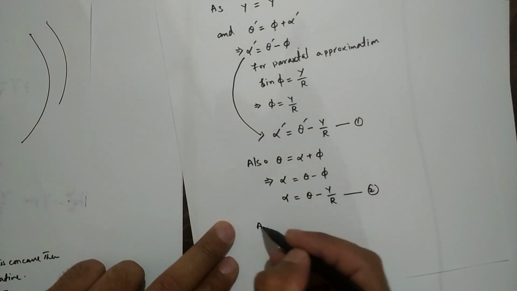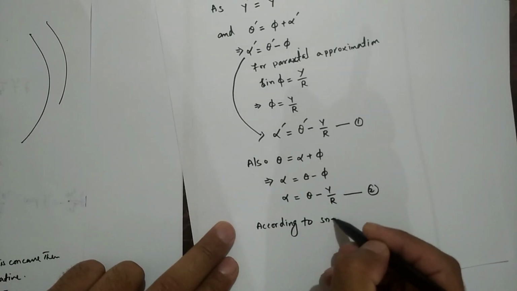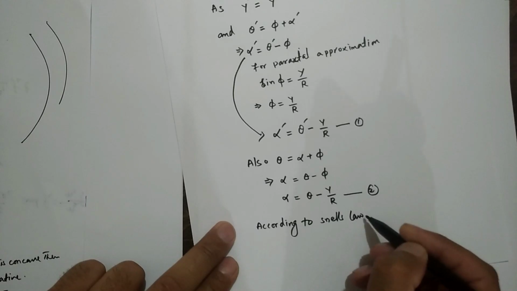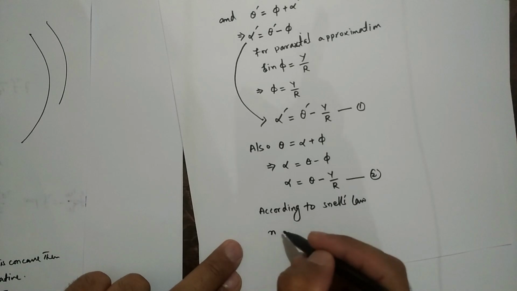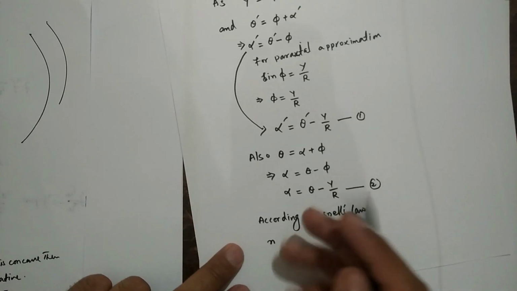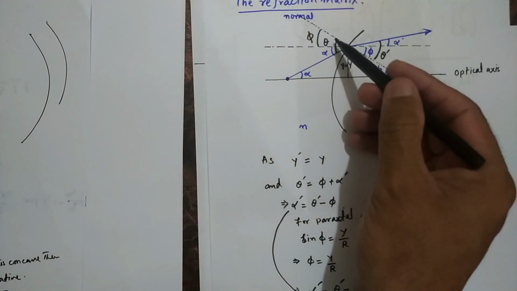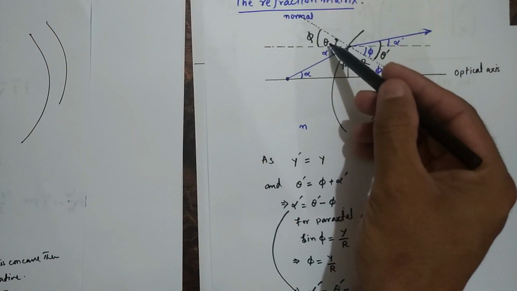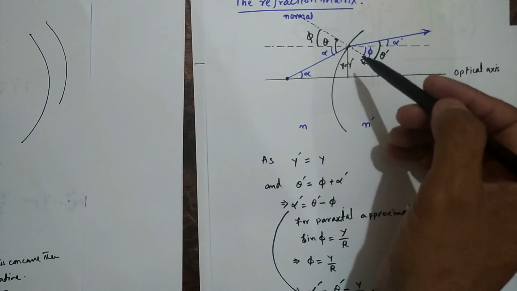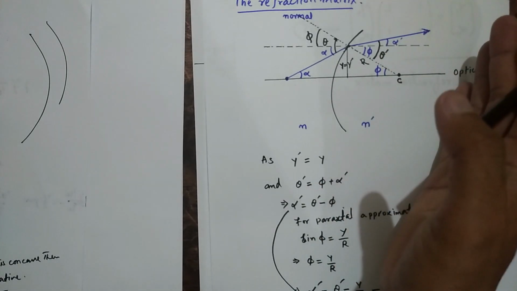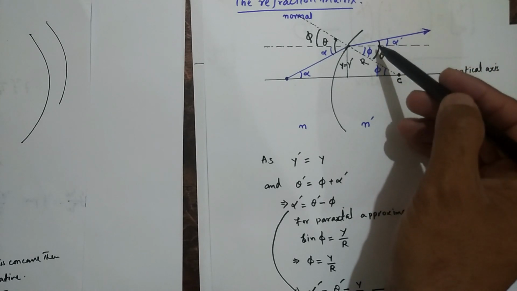Now according to Snell's law, before the refraction the refractive index was n and the angle of the incident ray with the normal is theta. So n times sine of the angle of incidence is equal to the refractive index on the other side times sine of the angle of refraction.